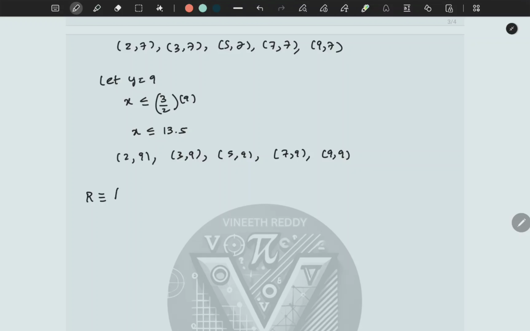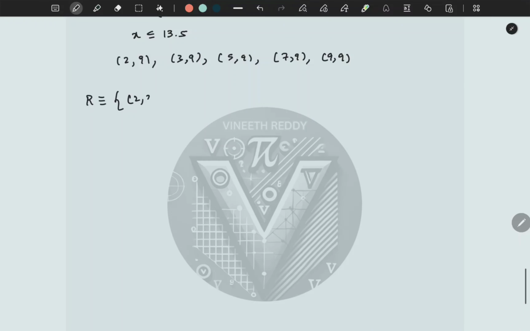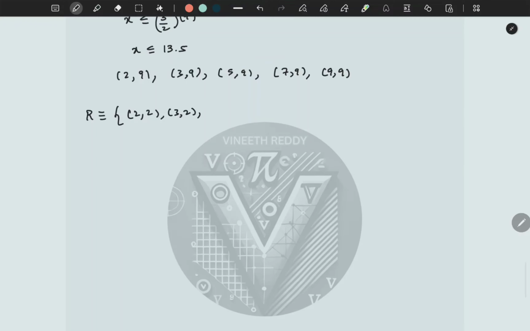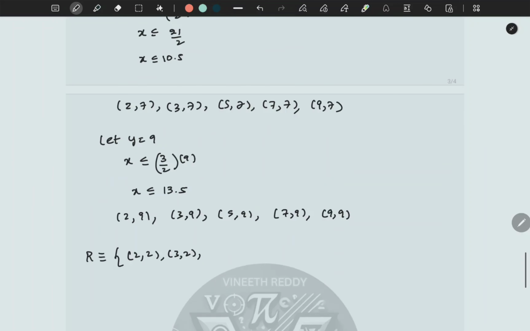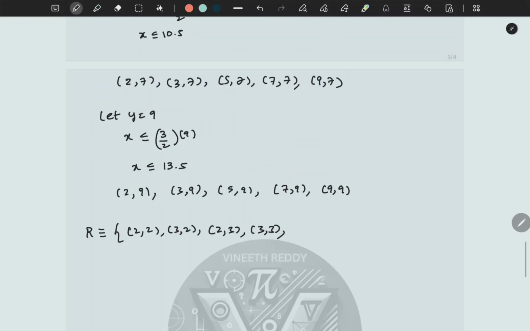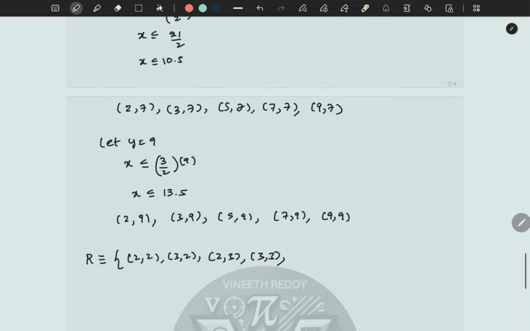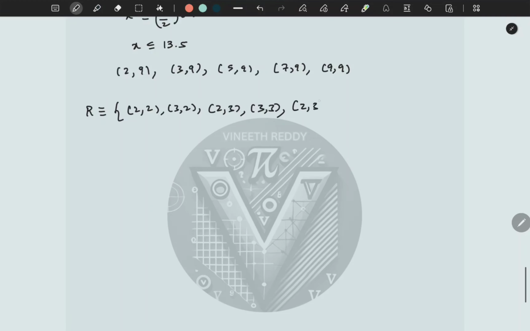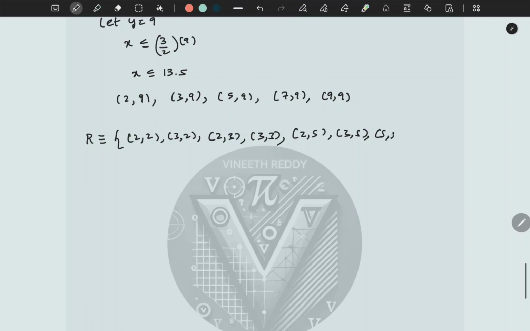That means now relation R will have the elements as (2,2), (3,2). Let me write down: (2,2), (3,2), this is done. Then (2,3), (3,3), this is also done. Next (2,5), (3,5), (5,5), (7,5).